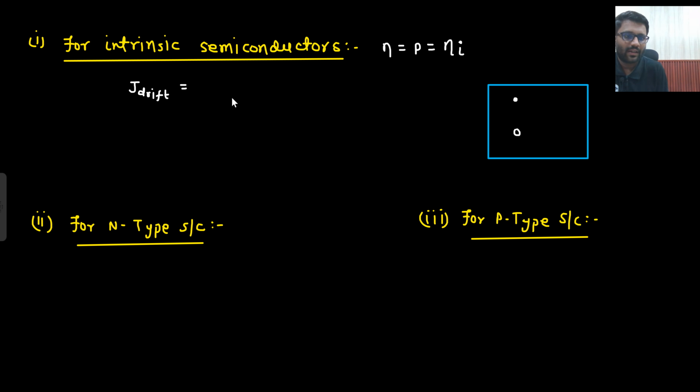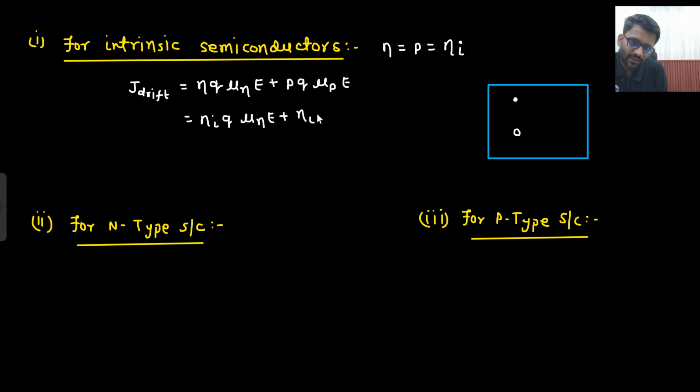Drift current density because of the electrons, drift current density because of the holes. So drift current density is sigma into E. What is sigma? N Q mu. So N Q mu N into E, this is because of the electrons, and P Q mu P into E, this is because of the holes. And since N equals P equals Ni, you can write Ni Q mu N into E plus Ni Q mu P into E. What can come common?